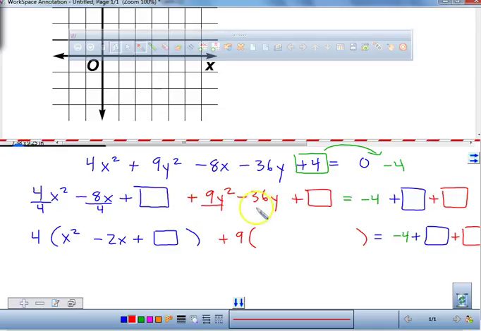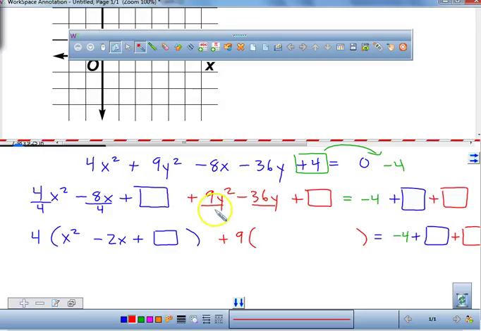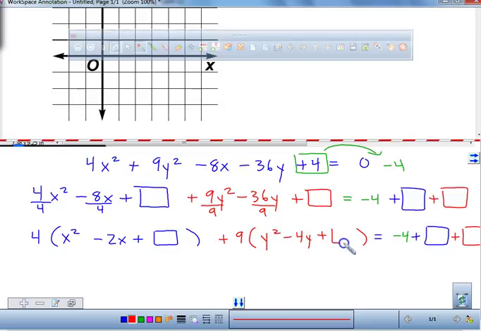On this one, what are we going to divide everything by? We're going to divide it by 9. So we're factoring out a 9. So that becomes y squared minus 4y. And we're going to finish it out right here. So the only way to complete the square is you have to factor out a 4 out of all the x's. We've got to factor out the 9 out of all the y's.